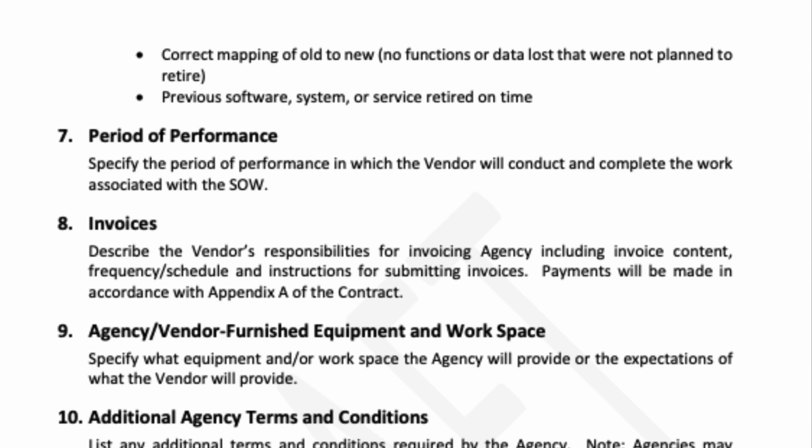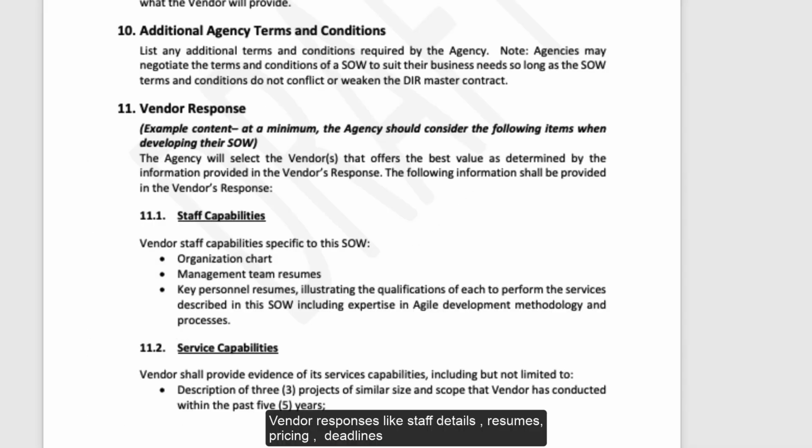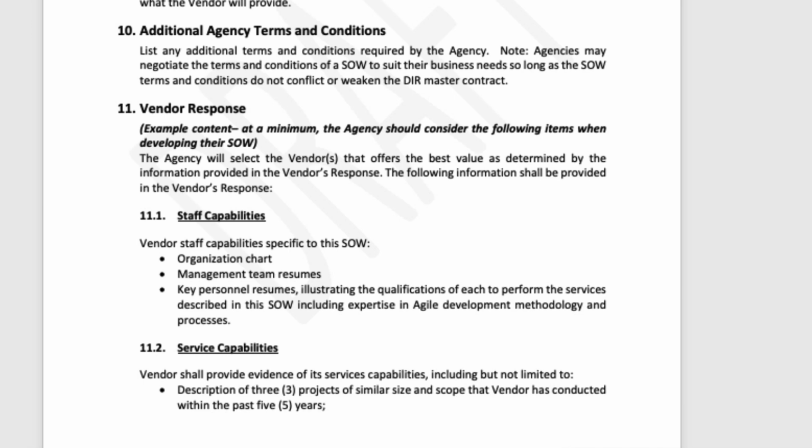So the next section is vendor response. We need to document what the staff capabilities are, what the organization chart is, how many team members there are, whether they have done similar kinds of projects, whether the vendor has any experience with similar projects in the past 5 years, and whether they have enough staff to do this project.